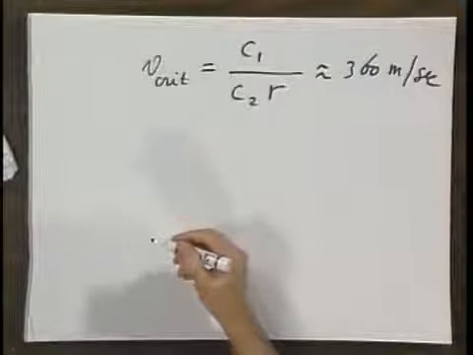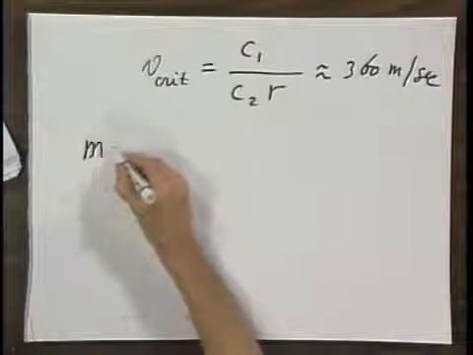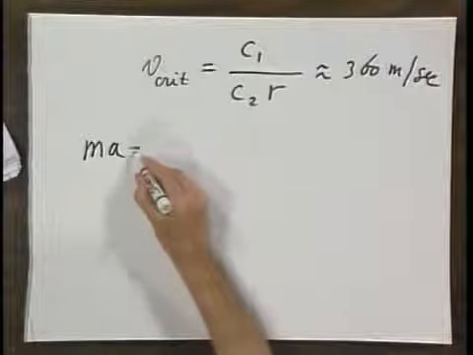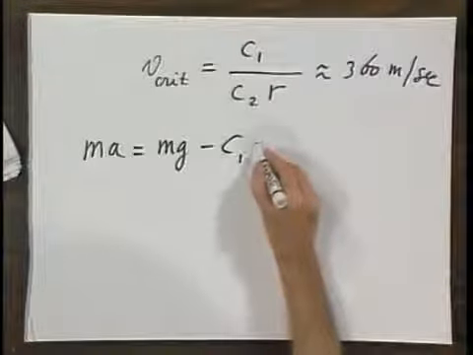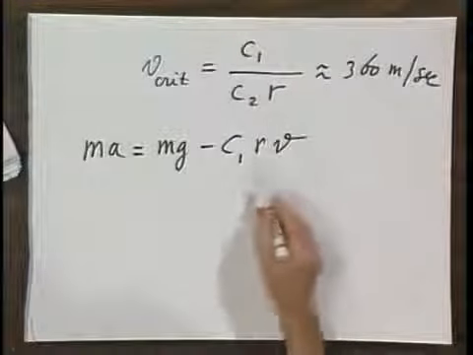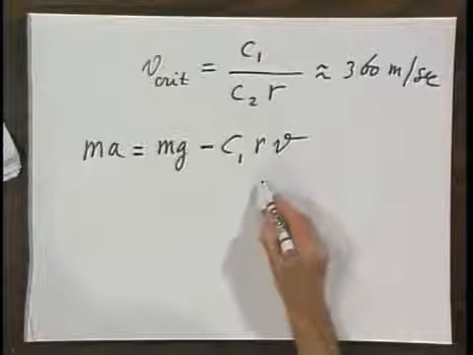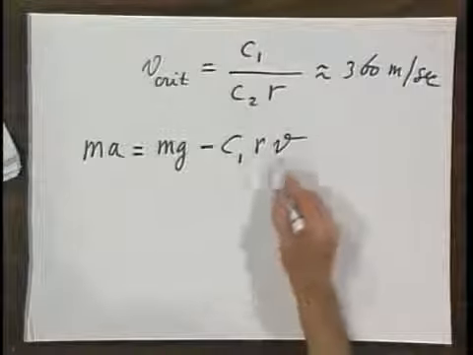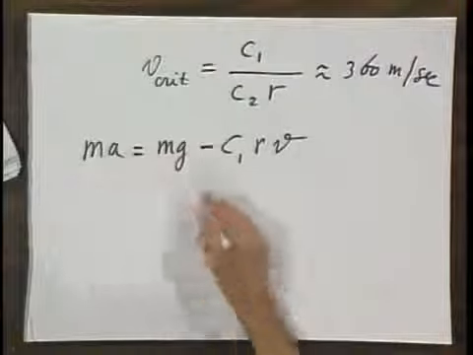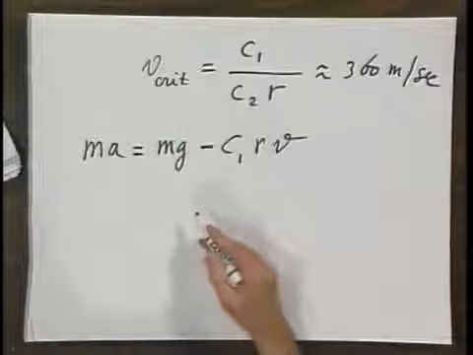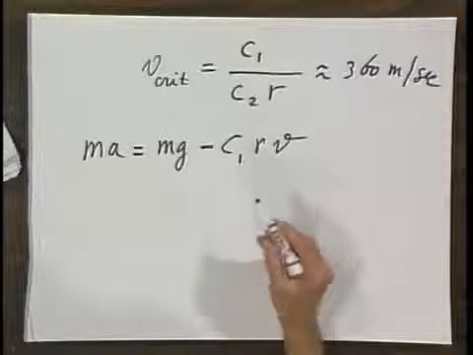And so the equation that now governs the motion is that the force, F equals ma, is now mg minus C1 R V. The minus sign because the resistive force always opposes the velocity. C1 is a positive value here and V is a positive value. So the minus sign takes care of the fact that it is really a vector notation whereby the resistive force opposes the velocity.